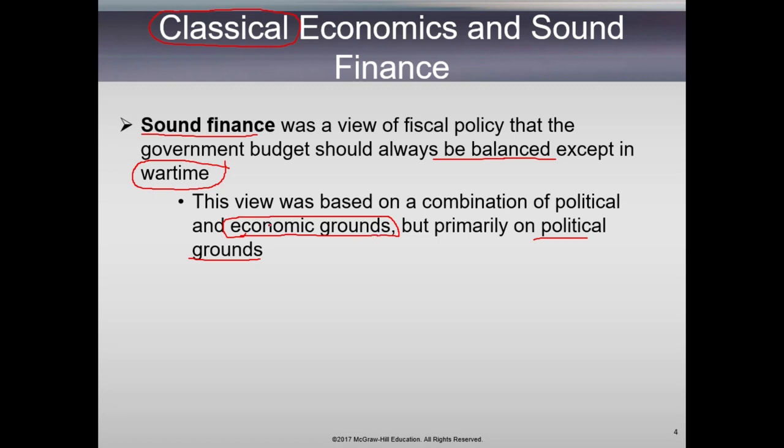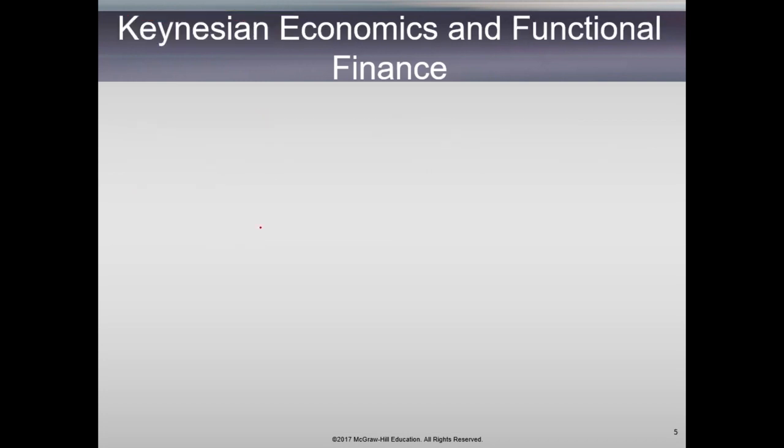We'll talk about that later a little more. The idea is that private citizens and businesses are better equipped to determine what productive investment looks like, and not the government. So that was the main reason that classical economists supported this idea of sound finance.